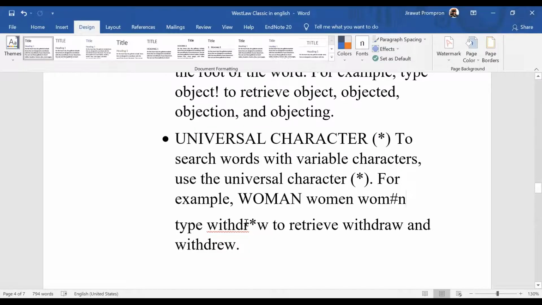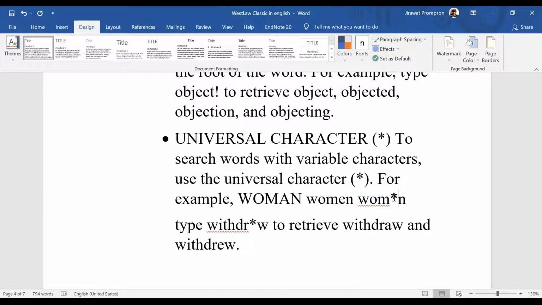And another one, withdraw. The simple word is withdraw, spelled with A. In another form, such as the past participle, maybe they change it and spell it with E. So you don't know what form it is, maybe past, present, or future.